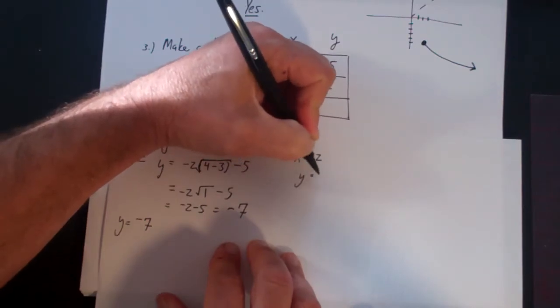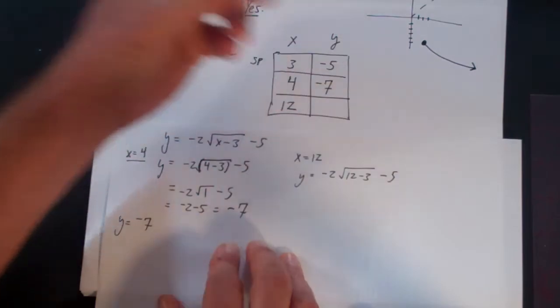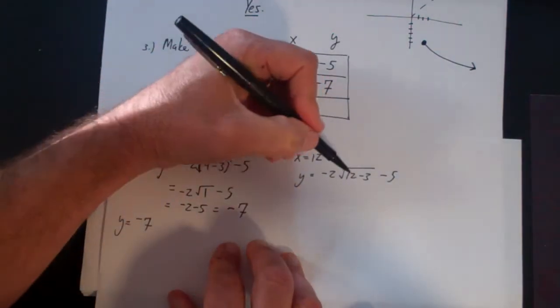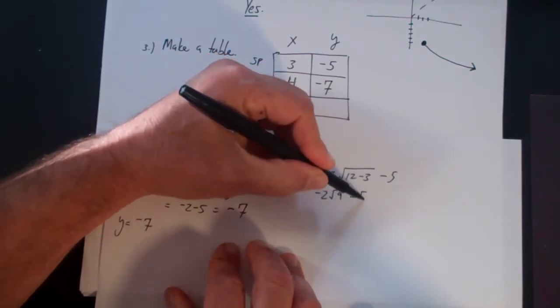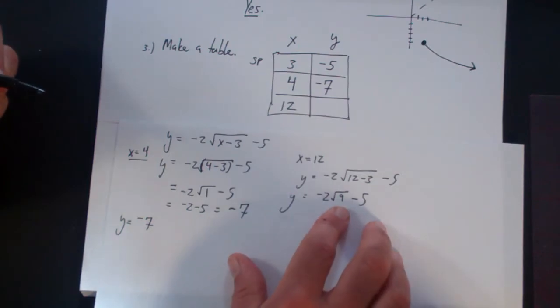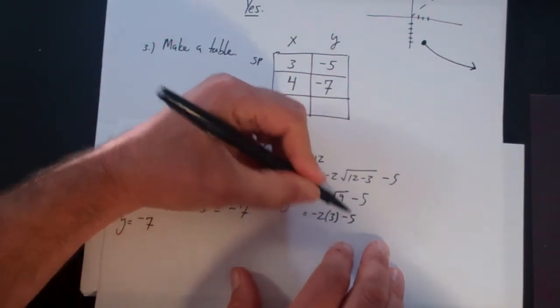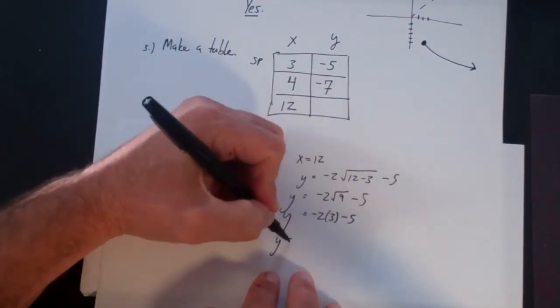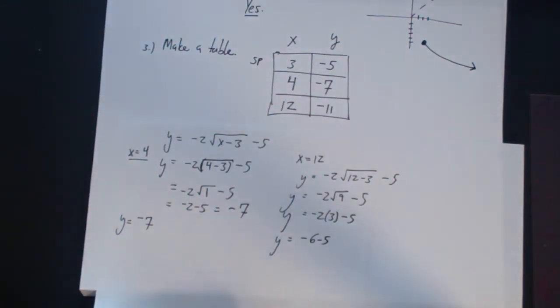So that's y is equal to minus 2 square root of (12 minus 3), minus 5. 12 minus 3 is going to be 9, so that's minus 2 square root of 9 minus 5. Square root of 9 is 3, so that's minus 2 times 3 minus 5. That's minus 6 minus 5, which is minus 11.